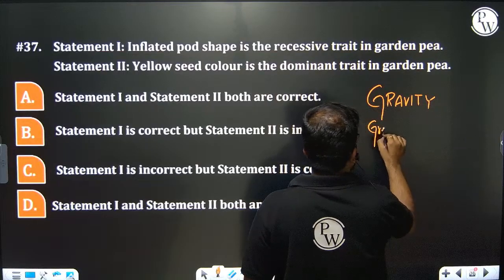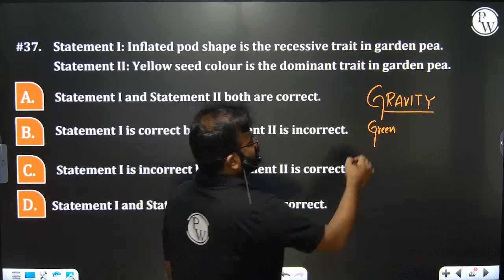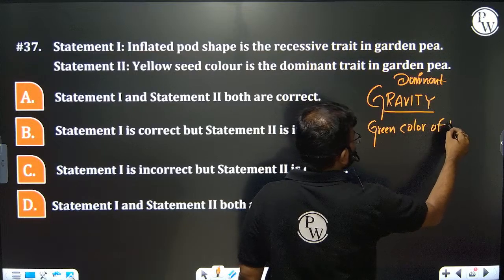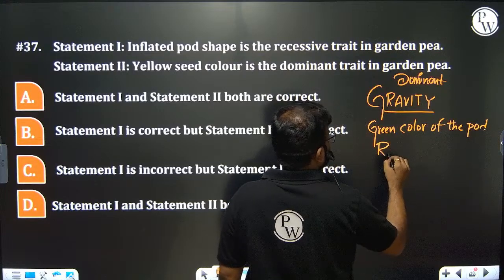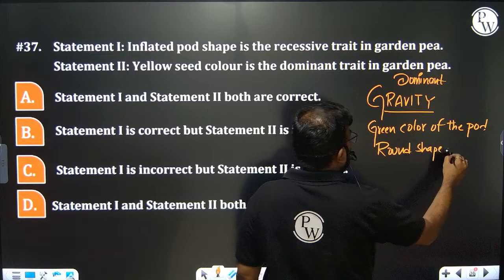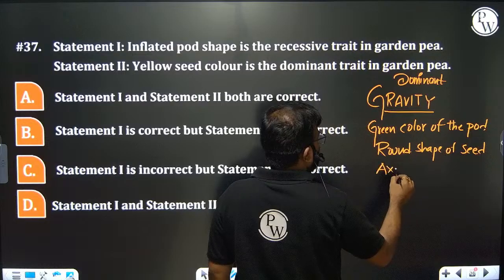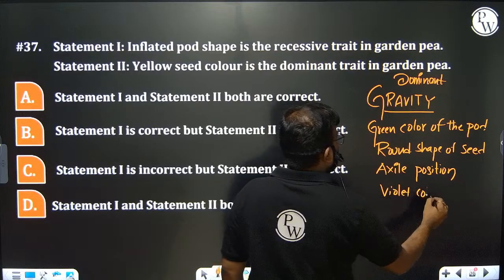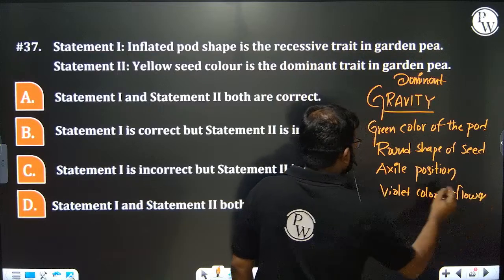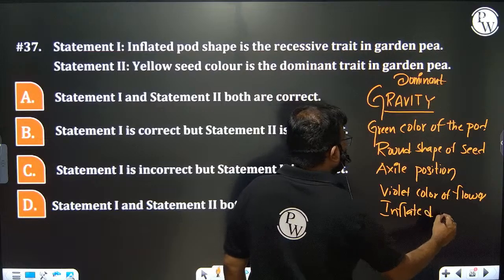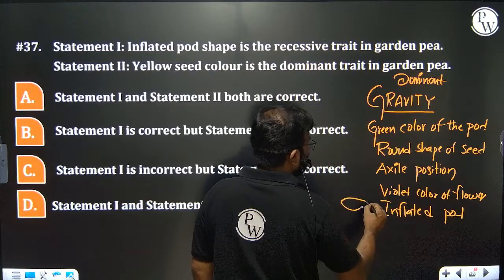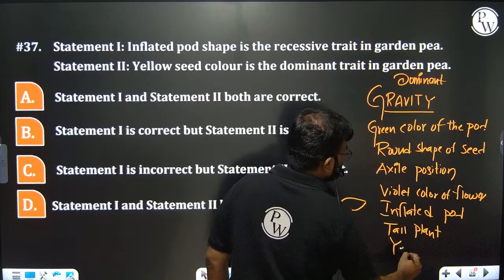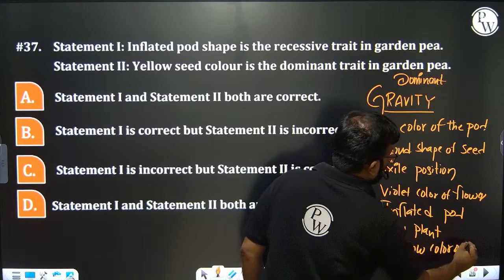Green color of the pod, round shape of seed, axial position, violet color of flower, inflated pod, which is full like this, then tall plant, and yellow color of seed.